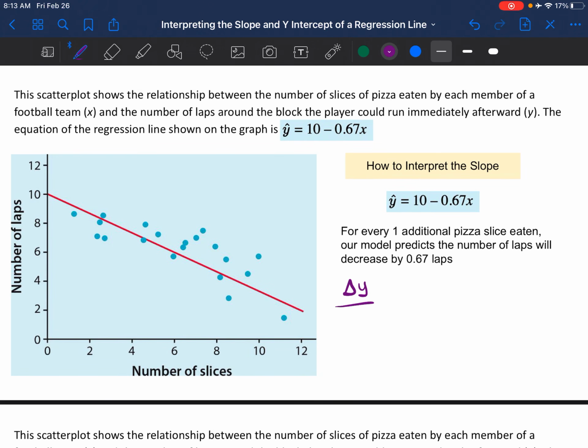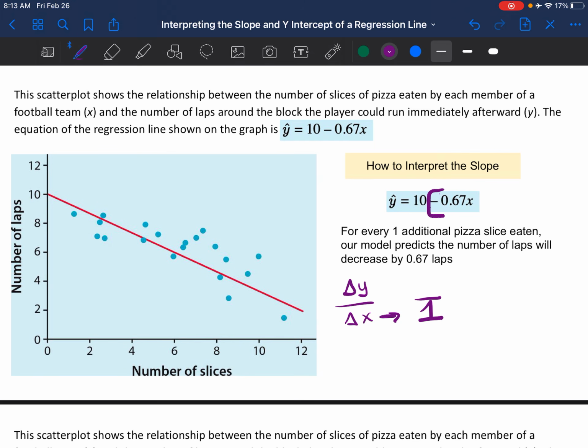So we have our change in y over our change in x, and here this is always going to be 1, because I want to know for each additional 1 unit, what happens to y. So for each additional 1 pizza slice eaten, our model predicts that the number of laps will decrease by 0.67.